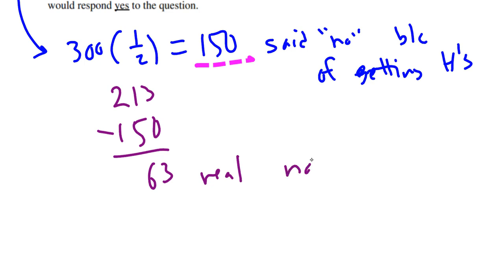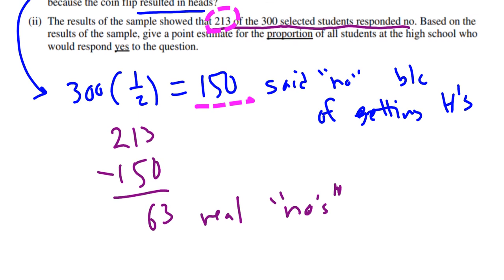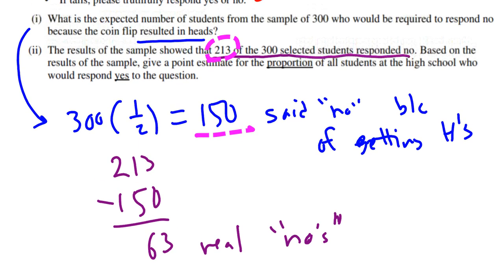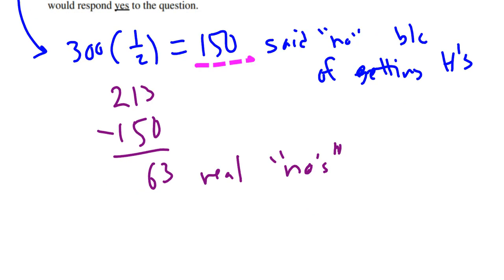real no's. Let me explain what I mean by real no's. In other words, there were 63 people we would have expected who would have gotten tails, and they would have said no to the teacher's question anyway. Okay, so the question now is give a point estimate for the proportion of all students in high school who would respond yes to the question.